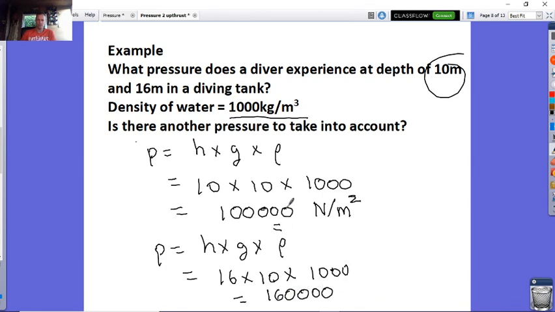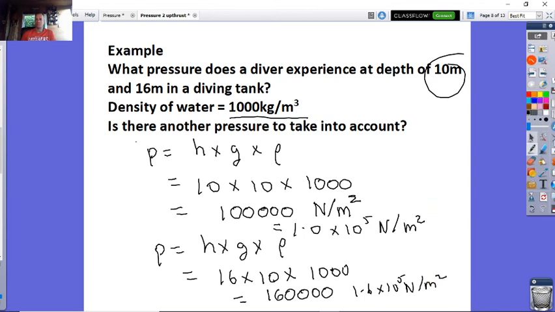Put it in standard form: the first one is 1.0 times 10 to the power 5, and this one is 1.6 times 10 to the power 5 newtons per meter squared. Hence pressure increases with depth.